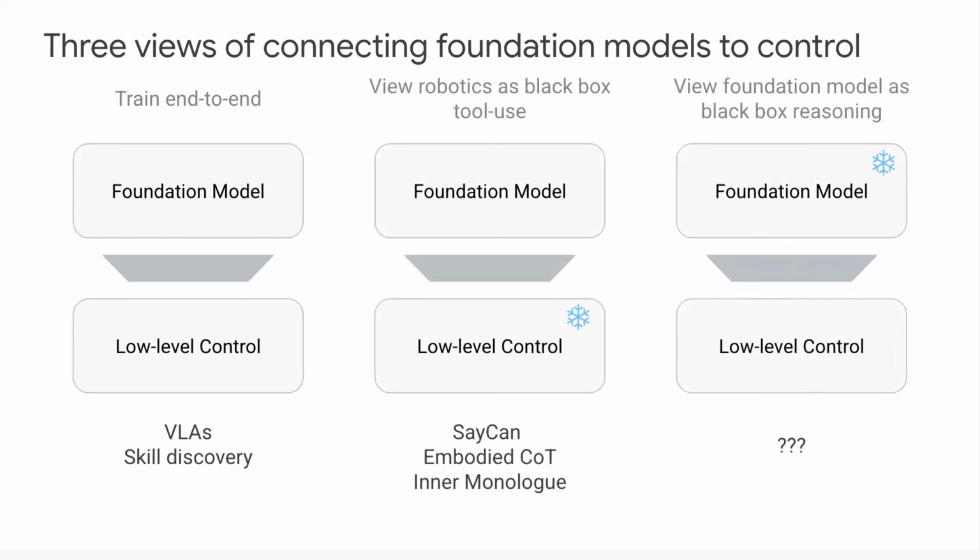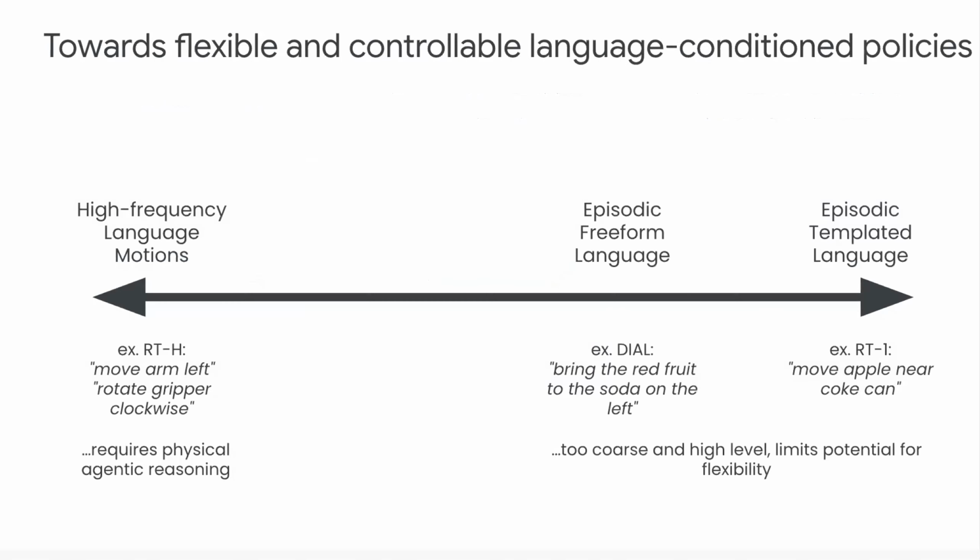But in contrast, one area that we haven't really studied as much is what if you freeze the reasoning? What if you view the foundation modeling high-level reasoning as the black box, and then you actually improve and optimize your low-level control policy in order to be more flexibly controlled by some reasoning system? And to do this, maybe one natural interface is still language, right?